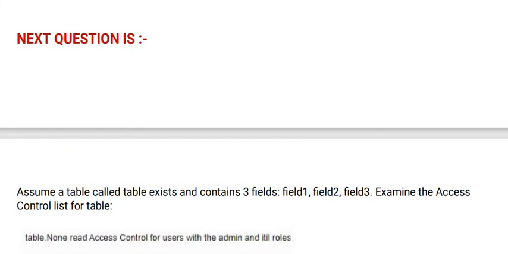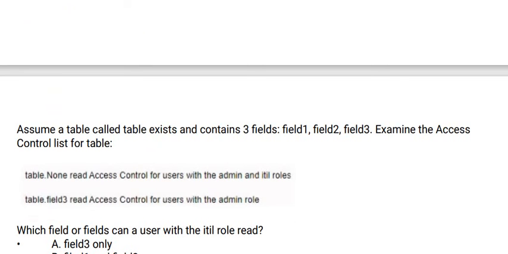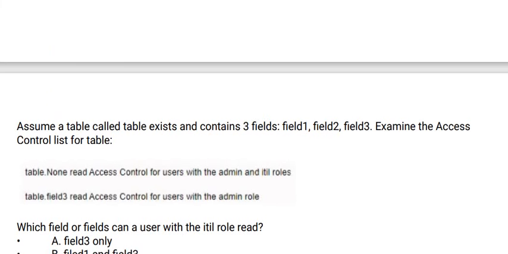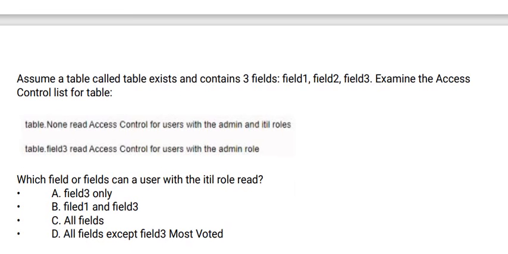Next question is, assume a table called table exists and contains three fields, field 1, field 2 and field 3. Examine the access control list for table. Please go through the list. Which field or fields can a user with the itil role read?